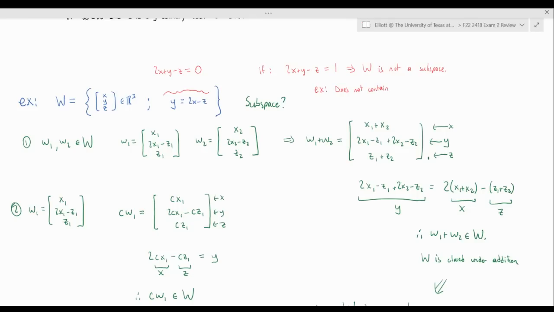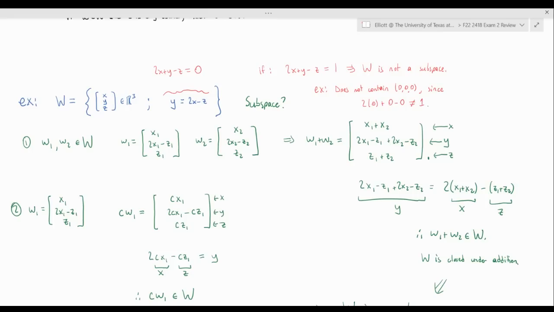So I know earlier when I was talking a little bit about the 0 vector, I mentioned that it's oftentimes useful to prove that something is not a subspace. So here, 0, 0, 0 would not be in this set if I changed it to equal 1, because if you plug in 0 for x, y, and z, it's not equal to 1 anymore.